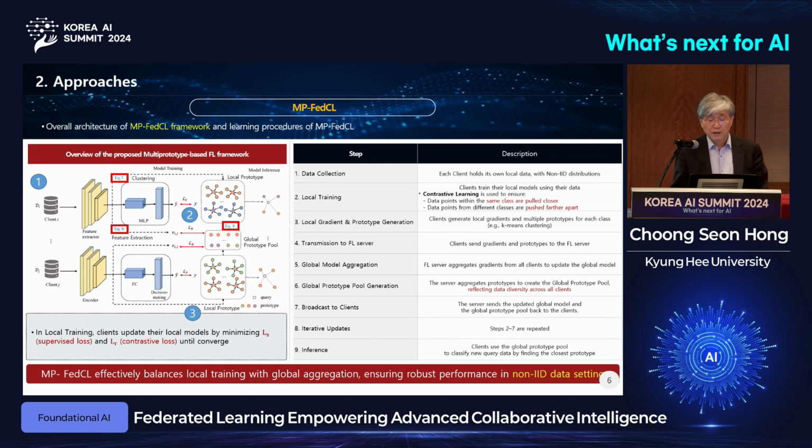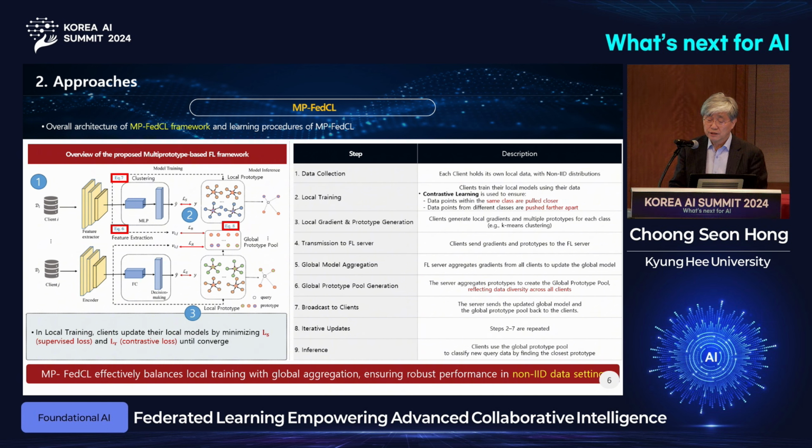Okay, let's take a closer look at the overall architecture and the procedures of the MP-FedCL framework. The MP-FedCL framework is designed to balance local training and global aggregation, specifically to address non-IID data challenges.